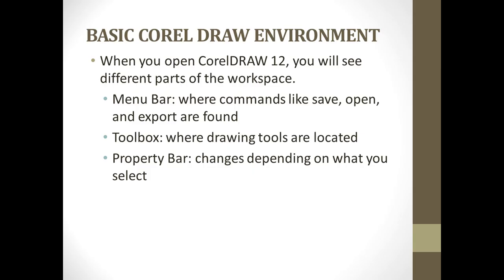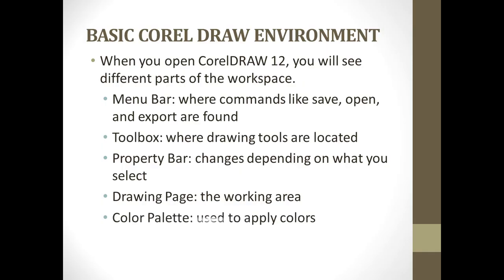So the property bar is dynamic. It is dependent on the particular object you selected, and it will bring out the properties of that object. Then we have the drawing page. That is a white space which serves as a working area in CorelDRAW. Then we have the color palette used to apply colors on your objects.